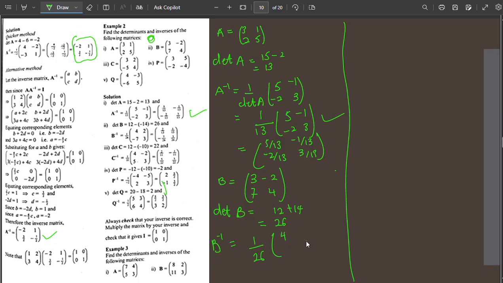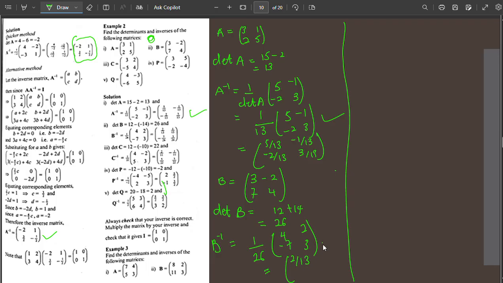Looking at B, the cofactor will be 4, 3 because we exchange the forward diagonal and then we negate the backward diagonal. So when we negate this, we move from negative 2 to 2. When we negate this, we move to negative 7. Perfect. We could leave it this way, or we could expand it to 4 divided by 26, which would be 2 over 13.